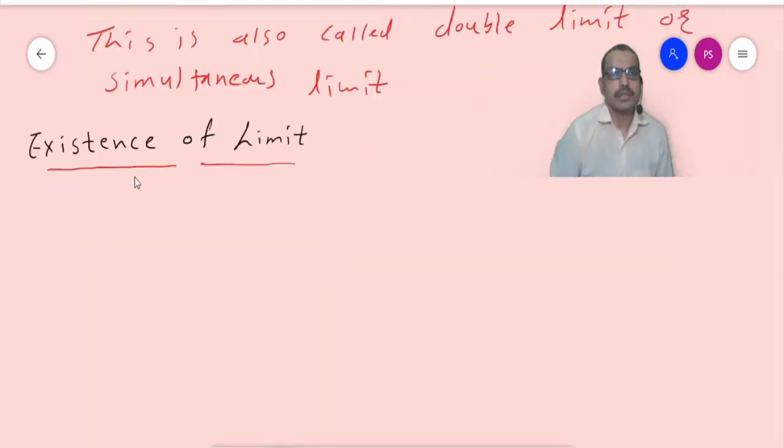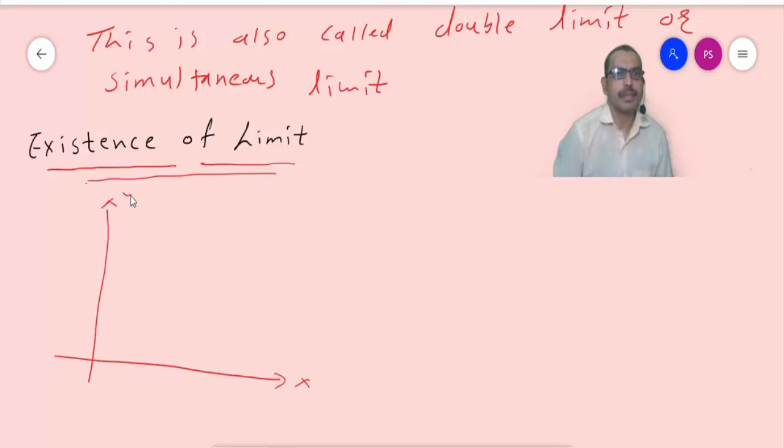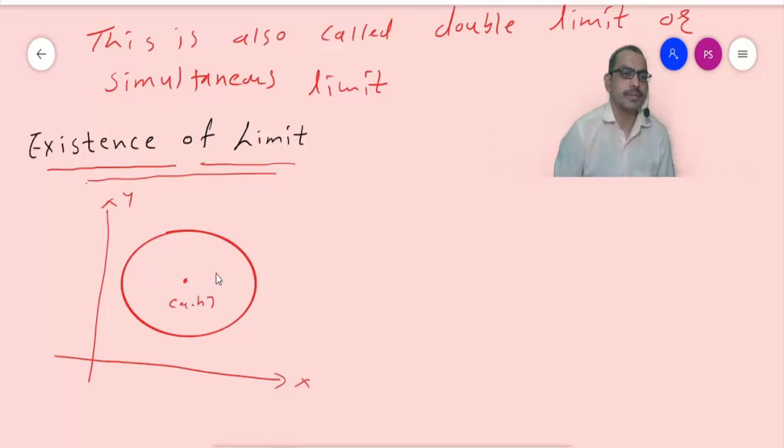Now we discuss the existence of the limit. In the xy plane, this will be a region, and the point (a, b) will be the center. If we take any neighborhood of (a, b), the value of the limit may be unique.